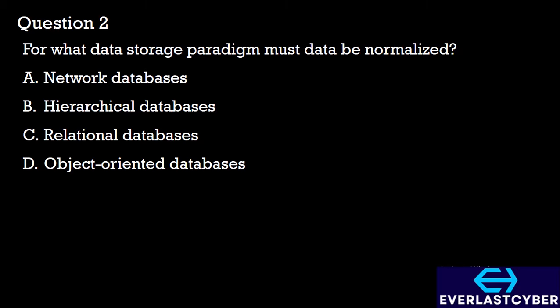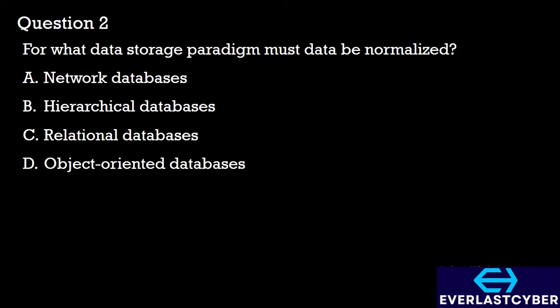Relational databases, on the other hand, involve breaking down large tables into smaller related tables and establishing relationships between them using primary keys and foreign keys. Normalization in itself is a process used in relational databases to reduce redundancy and to improve data integrity by organizing data into structured tables.